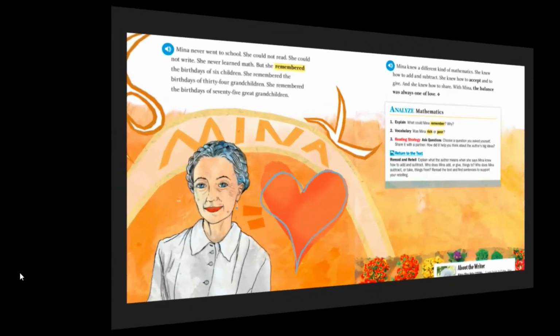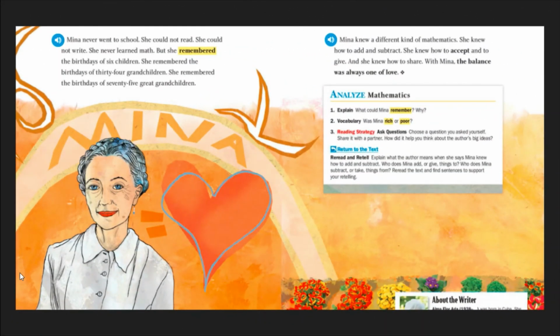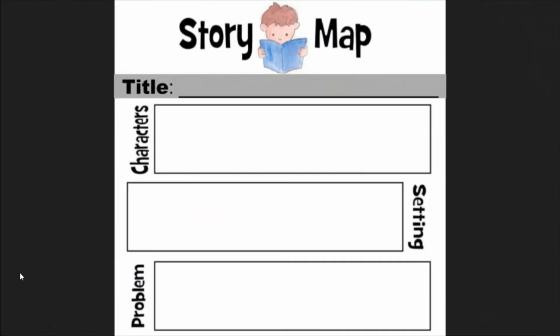When you finish reading the story, I want you to upload or download the story map that is there for you. Remember to write the title, identify the characters, identify the setting, and let me know what is the main problem in the story. Remember that the problem doesn't have to be an actual problem. It has to be just a situation that needs to be worked out, right?